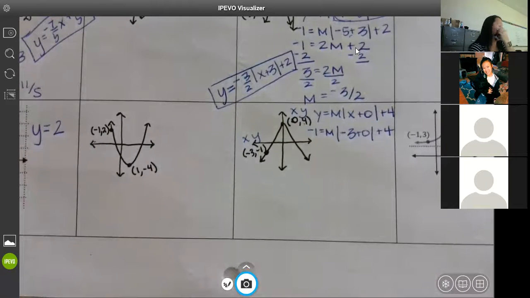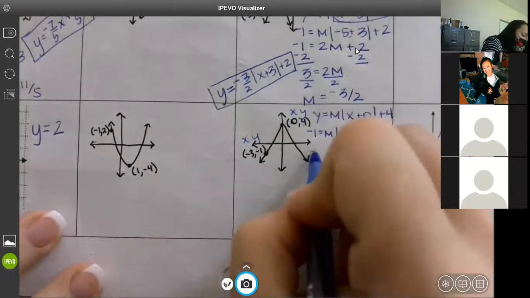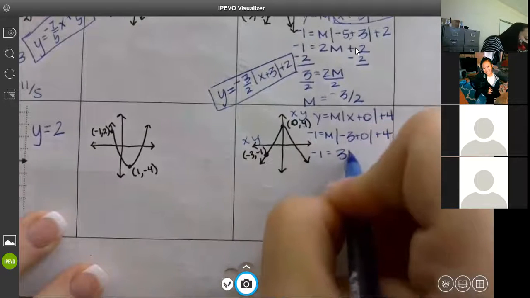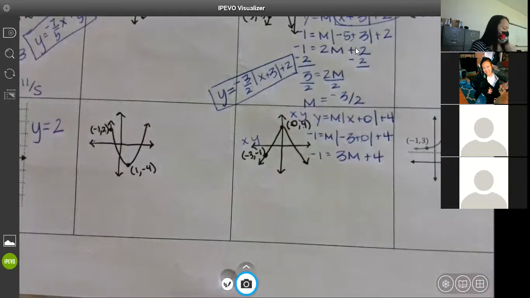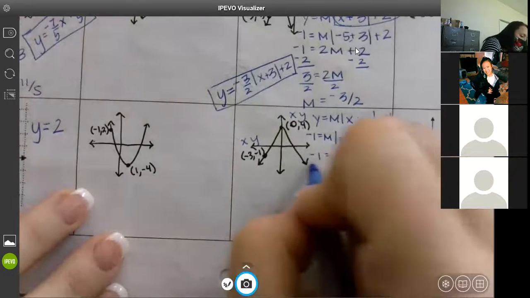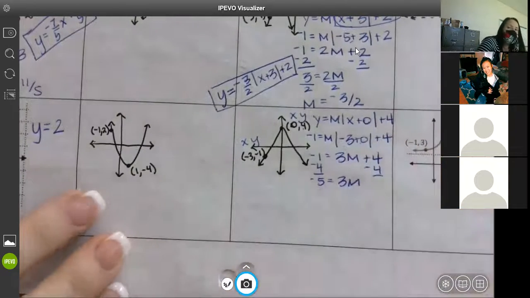Clean up your absolute value. -3 plus 0 is -3. The absolute value of -3 is +3. Subtract your 4 so we can solve for m. We get -5 equals 3m.